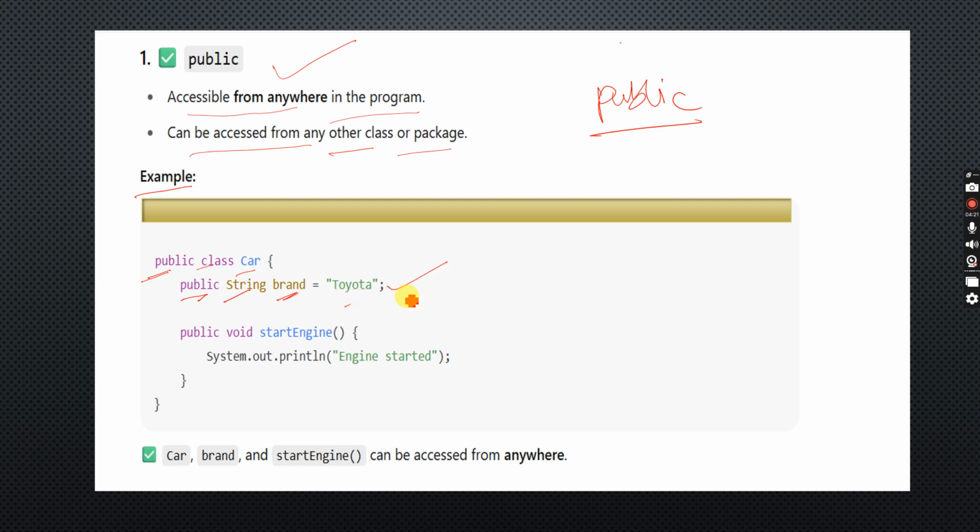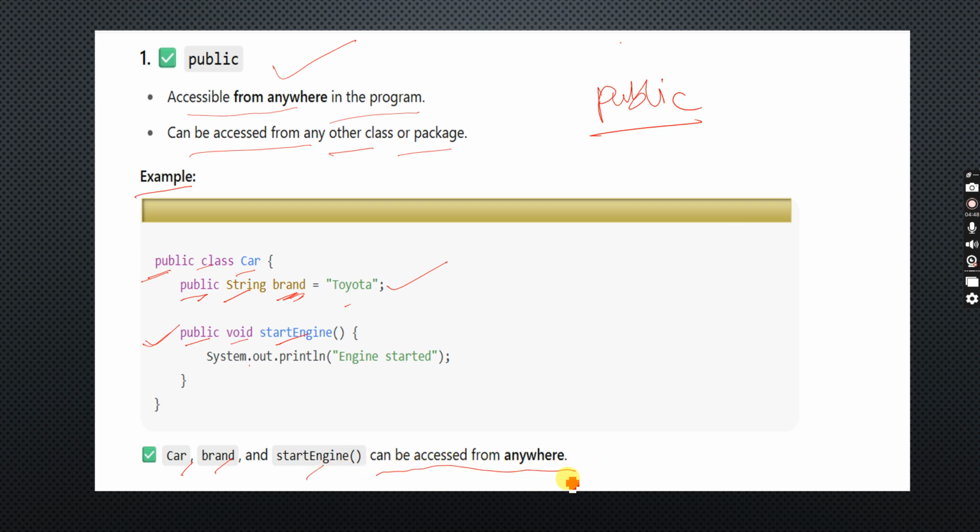Next, public void startEngine: we declare a function public void startEngine, with System.out.println engine start. Let's see the output.